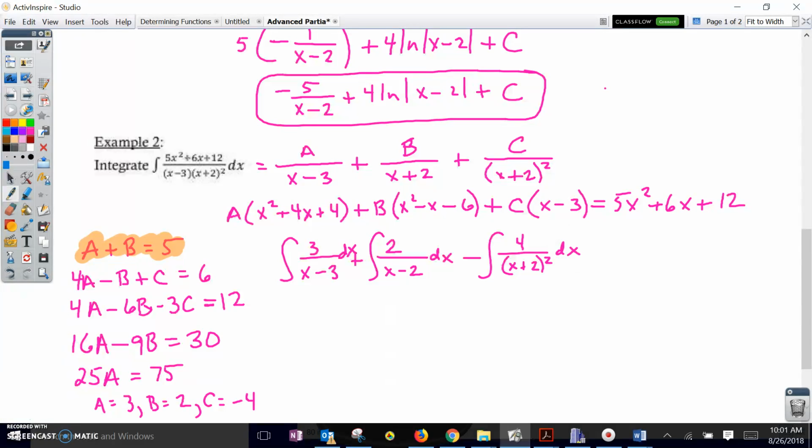And now I'm going to integrate one by one. That gives me 3 natural log of the absolute value of x minus 3 plus 2 natural log of the absolute value of x minus 2 minus 4 times negative 1 over x plus 2, plus C. And I clean that up a little bit.